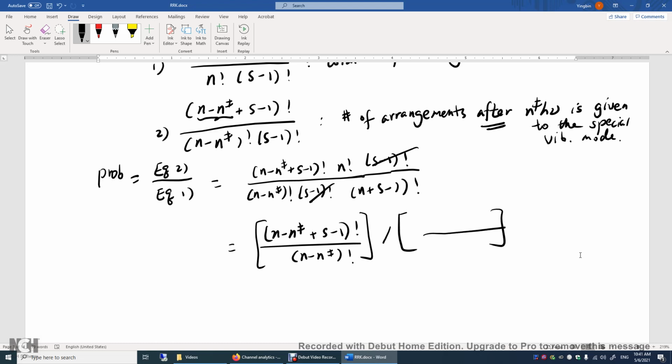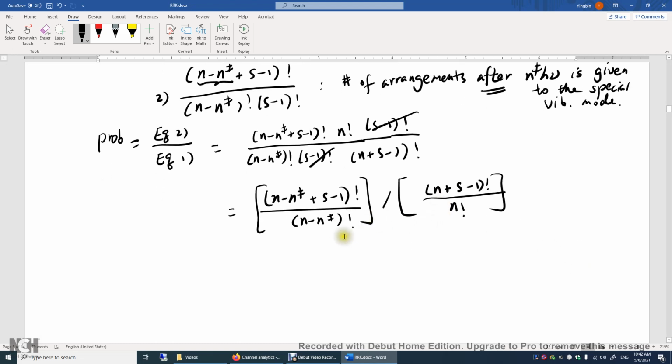Over here it's going to be N plus S minus 1 factorial, and on the bottom it's just N factorial. So if you look at the numerator and denominator, they look similar. Over here it's just N minus n double dagger is replaced with N.